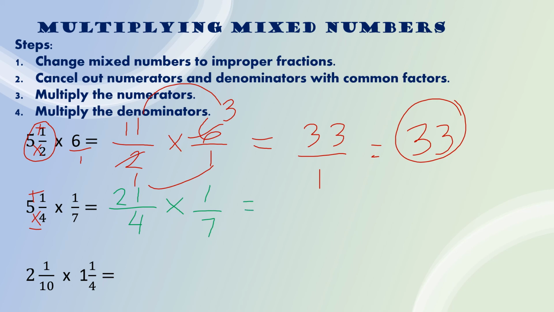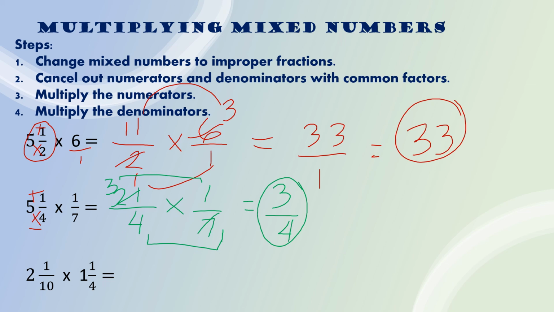Okay, so do we have numbers to cancel out? I can see 7 and 21. Yes, so 1 and this is 3. Is there any more? No more. So we can multiply now. 3 times 1 is 3 and 4 times 1 is 4. So our answer is 3/4.